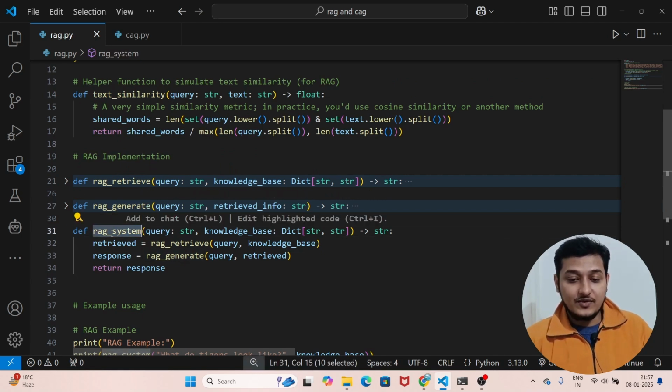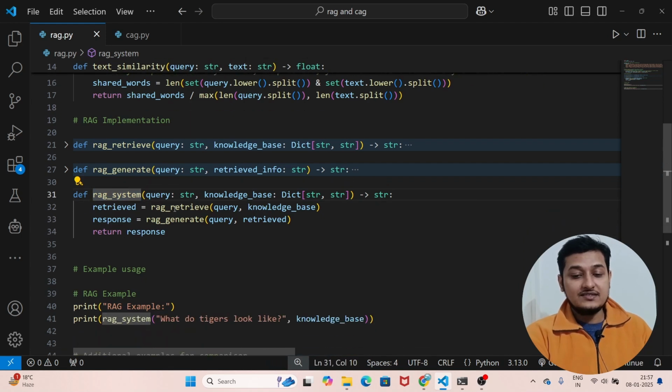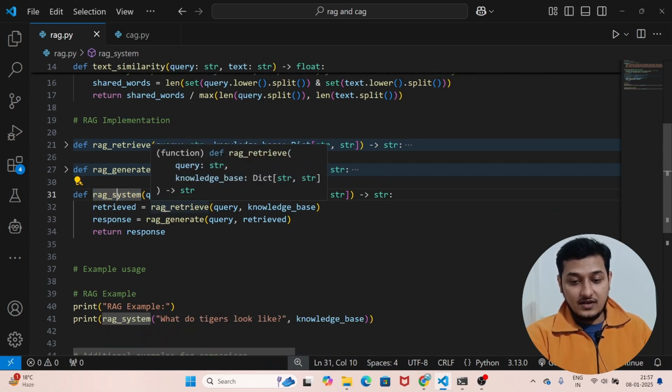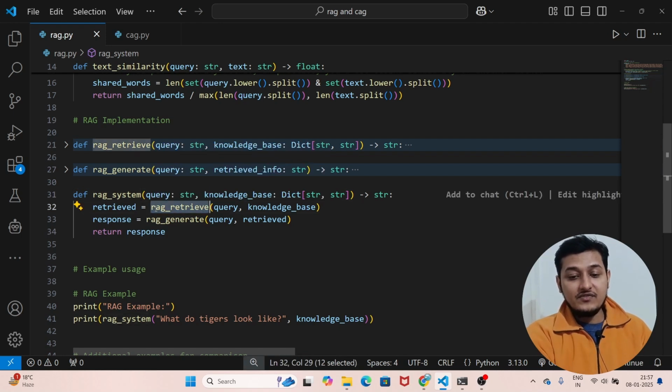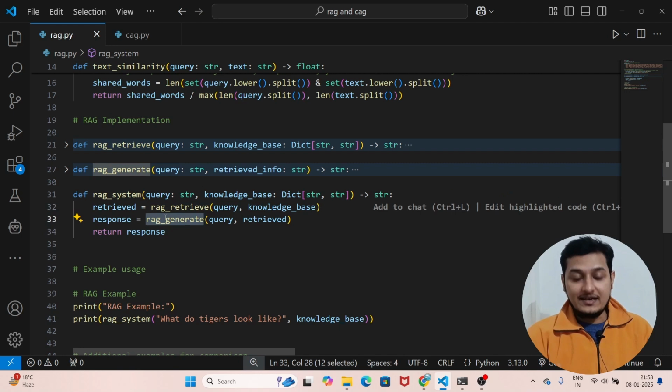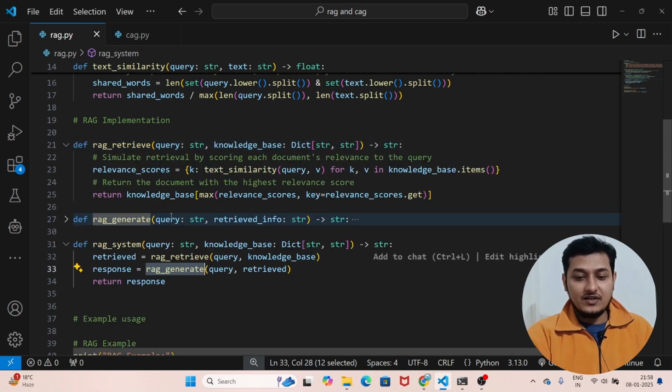This rag system implements these two concepts, rag retrieve and rag generate. Retrieve actually finds the information, and rag generate generates the answer. And these are the implementation.